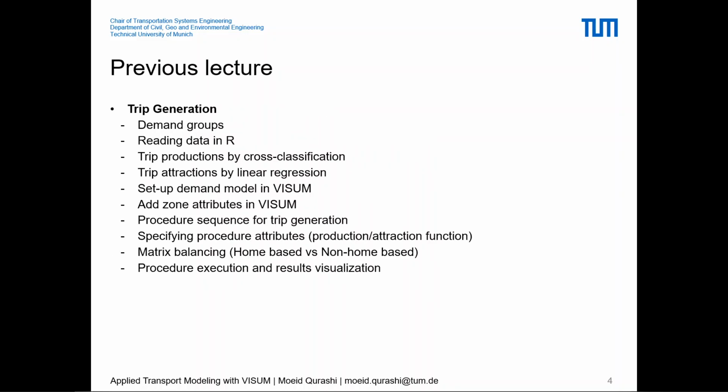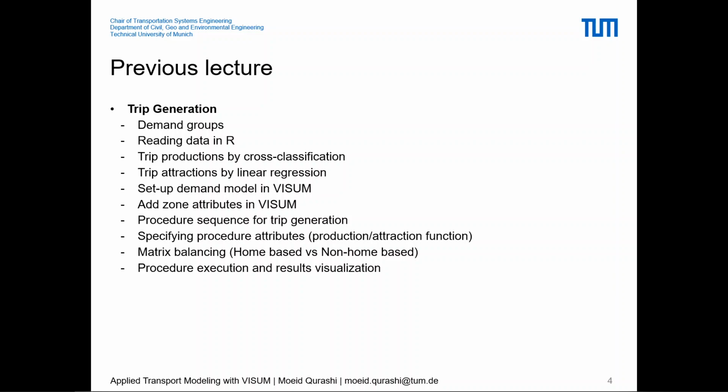Now a basic recap from the previous lecture. We were working on trip generation, and what we started with was to define the demand groups. We had two different types of demand groups. First, one based on trip purpose, like home-based work, others, or non-home-based trips.